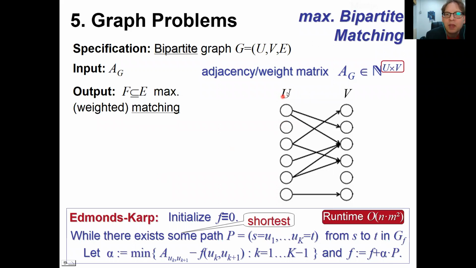So imagine U to be candidate husbands and V to be candidate wives, or vice versa. And matchmaking literally means matching candidate husbands to candidate wives for marriage. As I said, it's an ancient concept, but anyway, the terminology lives on in graph theory.